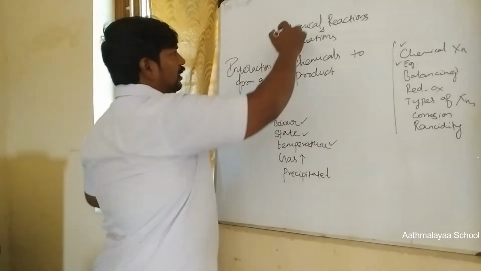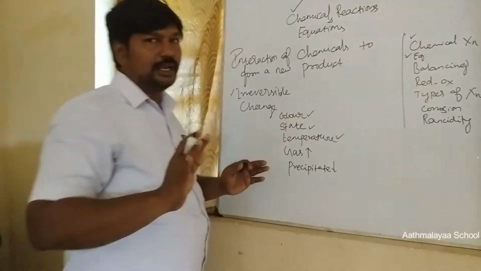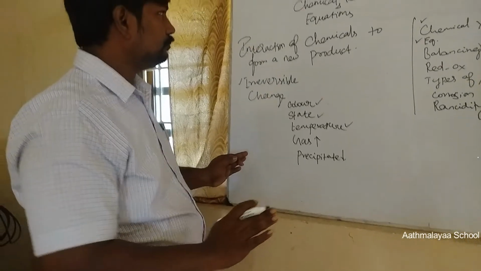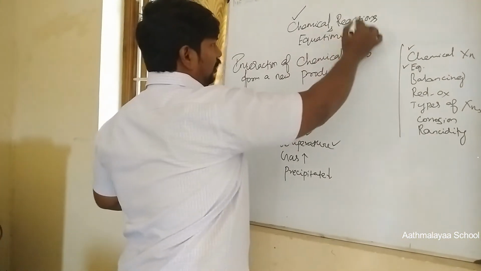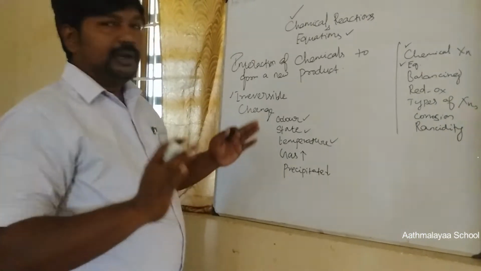So we know what a chemical reaction is now. Then what is an equation? We will take an example.